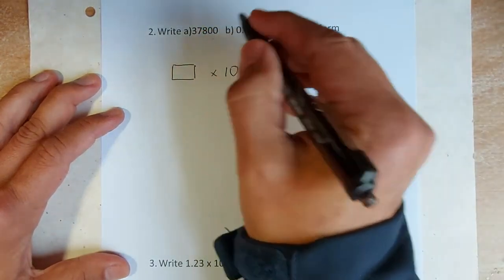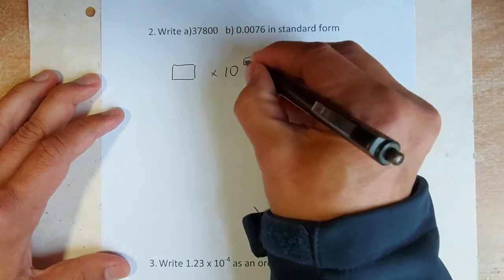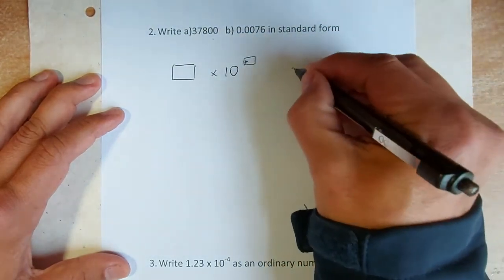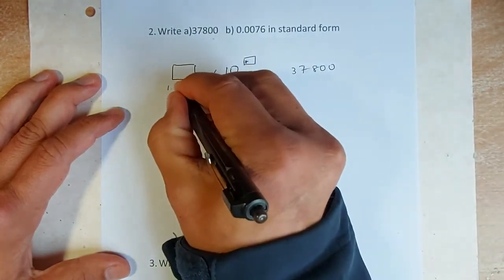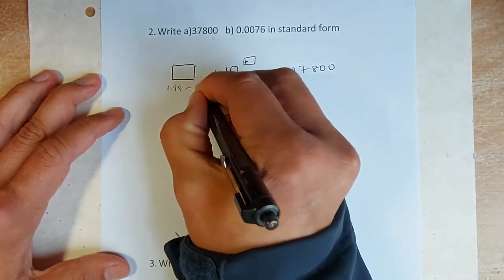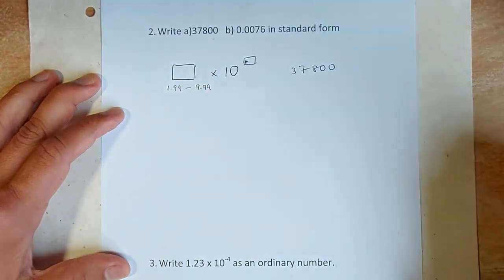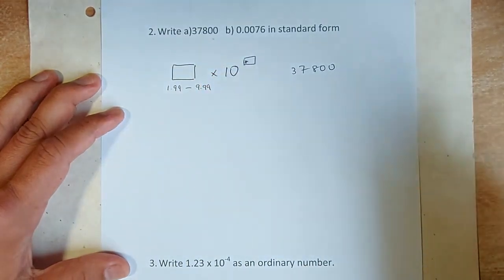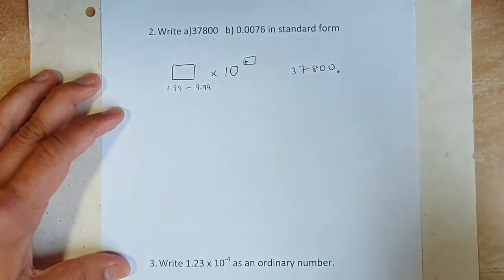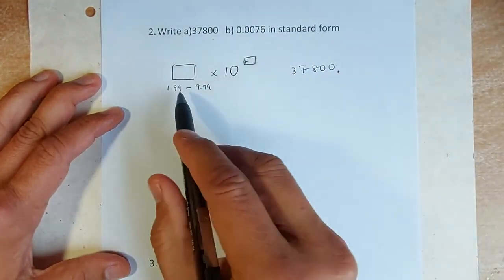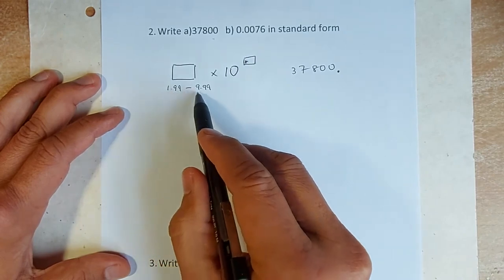37,800. It's a big number, more than 1, so it's going to be a positive power. The first number has to be between 1 point something and 9 point something, a single digit number with decimal places. So you need to move the decimal point so that it's between 1.99 and 9.99.